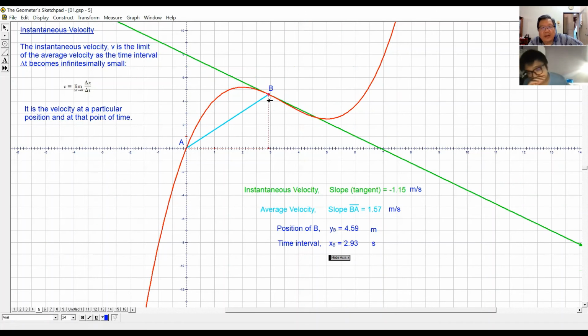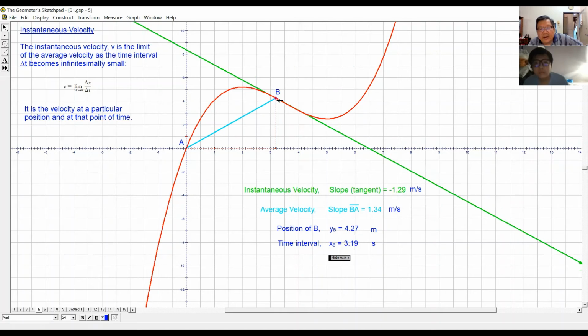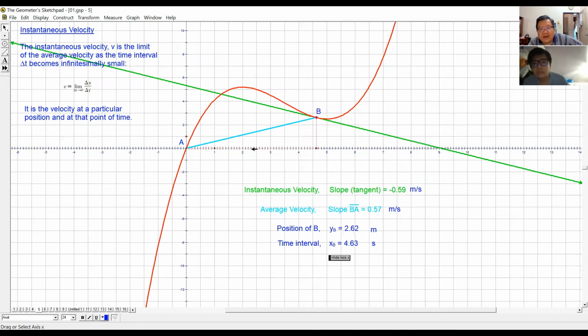The average velocity is the blue line, this one over this one. This represents the average velocity, and then this one represents the instantaneous velocity. It is the gradient of the tangent at that particular point.